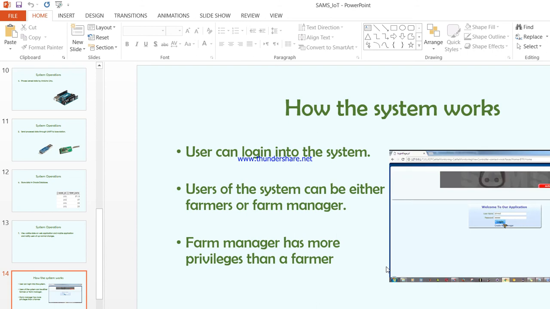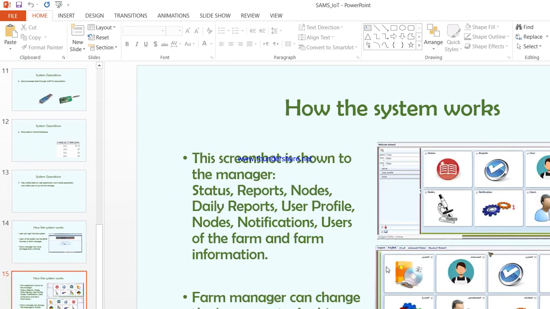User can log into the system by a username and password. Users of the system can be either farmers or a farm manager. The farm manager has more privileges than a farmer, like adding new farmers and deleting farmers and having details of all the farmers that work in the farm.